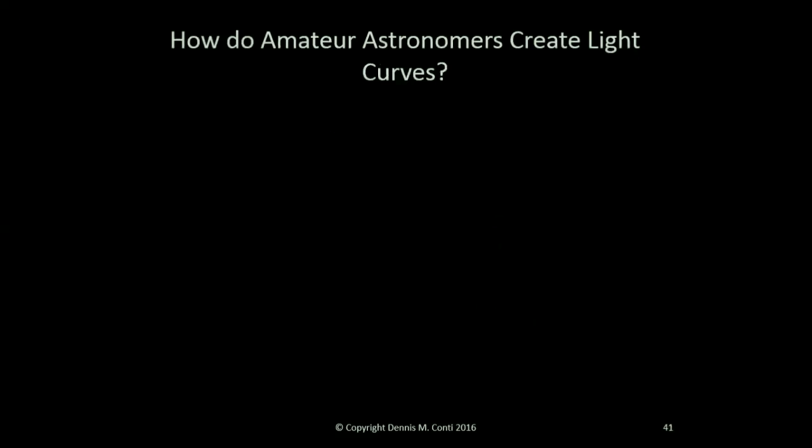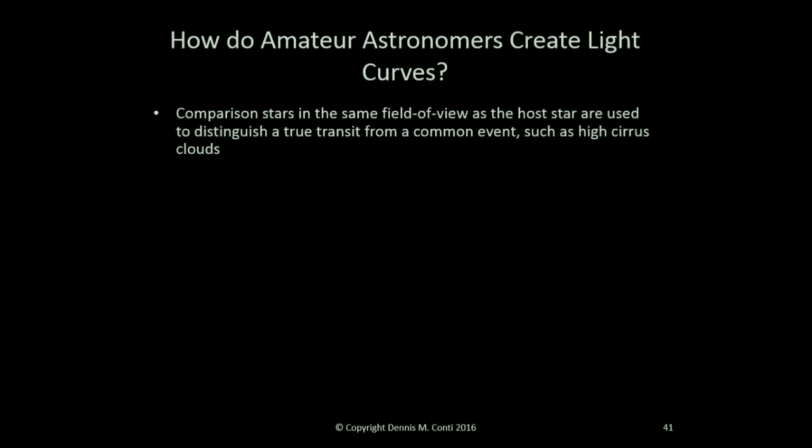Now let's turn to how amateur astronomers create light curves. You saw earlier in one of the beginning modules the importance of light curves. The way we do that is we select a number of stars, called comparison stars, in the same field of view as the host star that we're interested in.